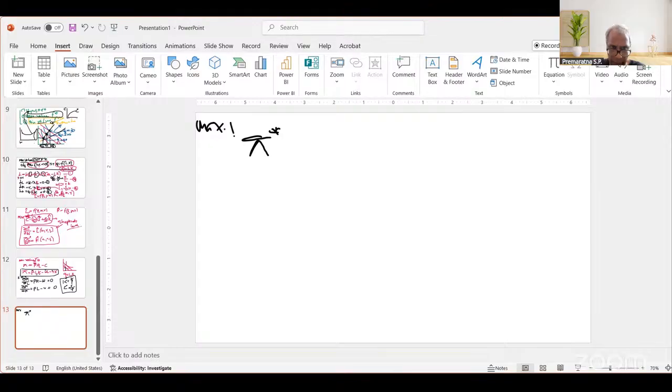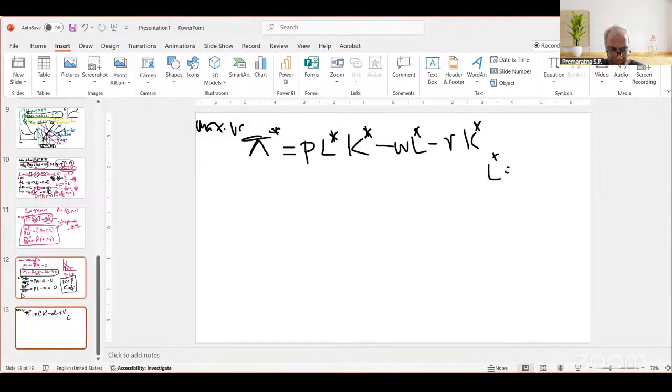So what we have is P times Q, where L is the L star, input demand, K star, minus W L, minus R K. Now what we get, L equals L star, K equals K star, at the optimal point.